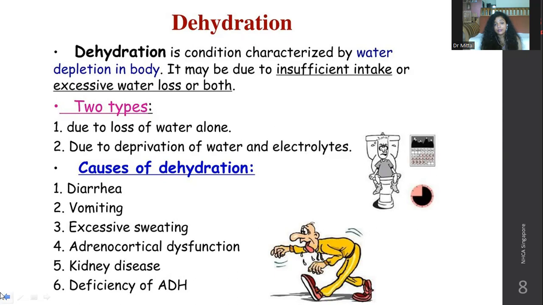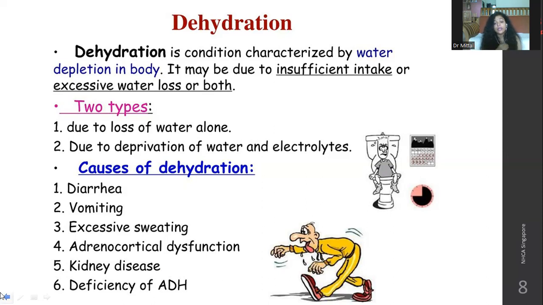So any dysfunction in the adrenal glands could also lead to dehydration, because in that situation, without the presence of aldosterone, the kidneys will not know should we reabsorb the water or not.